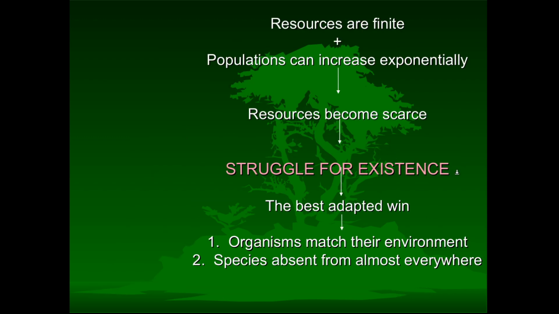So here's our schematic diagram again of the struggle for existence, which basically depicts the relationship between organismal ecology and population ecology. So the central metaphor in ecology is Darwin's struggle for existence, and that struggle occurs because resources are finite, and they become depleted as population density grows ever larger.